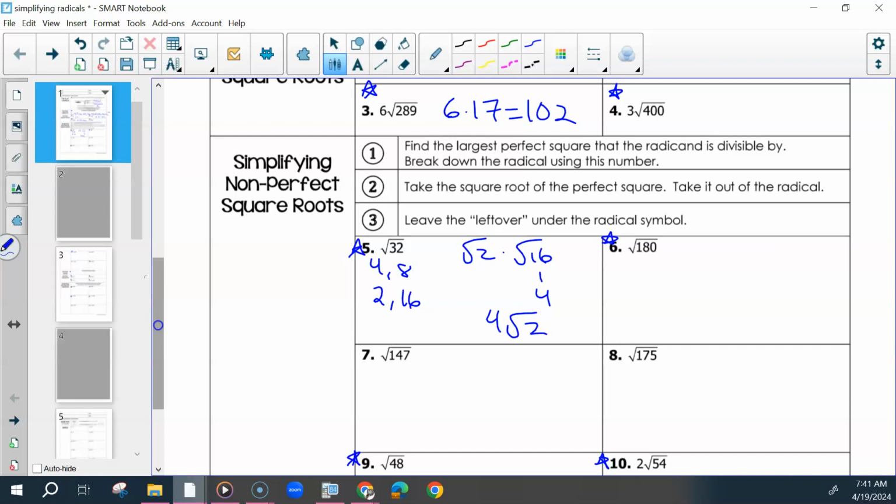Or, let's say you're not thinking perfect squares, but you just think of two factors, 4 and 8. You start off the same way. You know the square root of 4 is 2. However, 8 can be broken down more. So whatever numbers you pick, you may be breaking it down a lot. What are factors of 8? Either perfect squares or... so if I did 1 and 8, that wouldn't change anything, but 2 and 4 would.